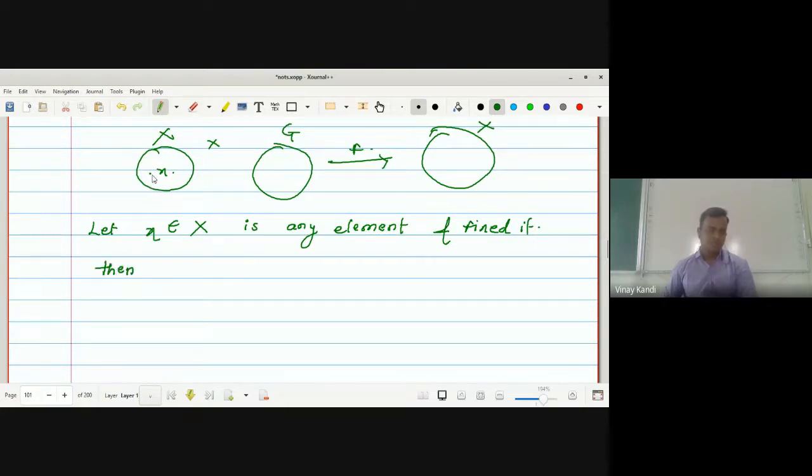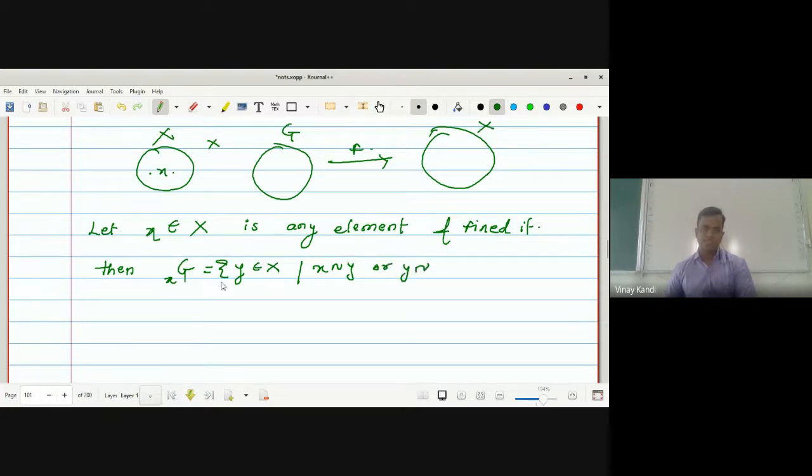What is the orbit related to this element, that is xg. If this is x1 here, then this is x1, h2 gives x2. Okay, so the element is fixed. That means which elements are related to this x, that is the xg set. Okay, this is equal to what: the collection of those elements y of x such that this x is related to y, or we can say that y is related to x by symmetric property.